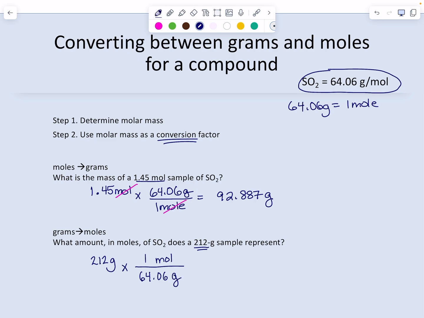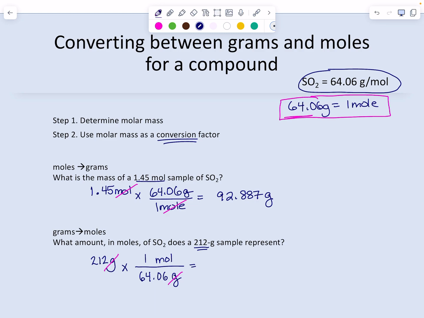And remember that when we have a relationship between a unit and a number, they are married in a universe where there is no fault divorce. That unit and that number stay together. So you're never going to be putting the 64.06 with the mole. It's going to stick with the grams. So our units will cancel.